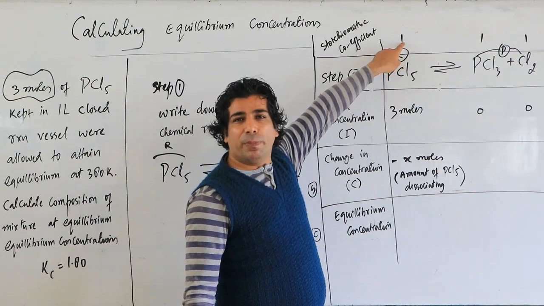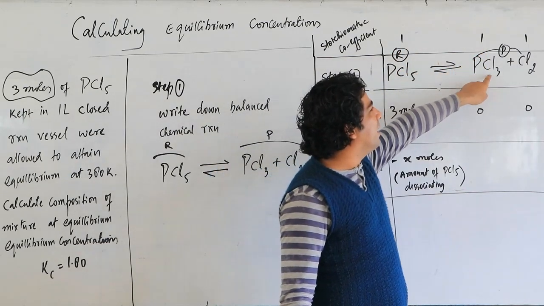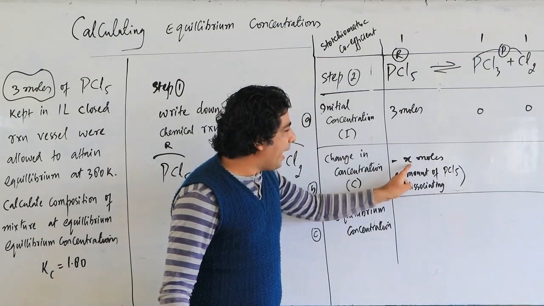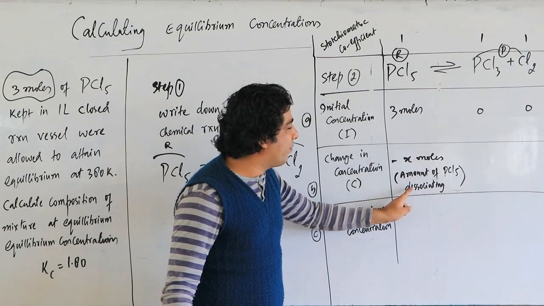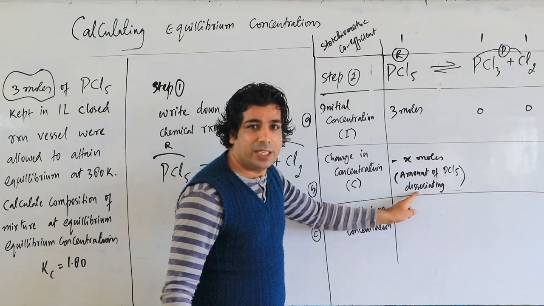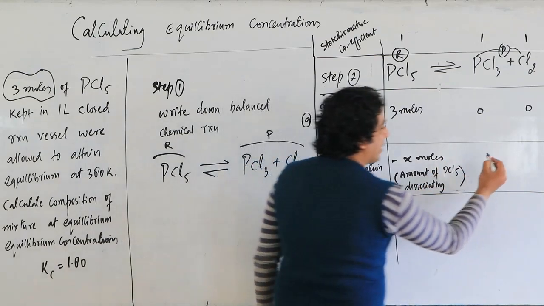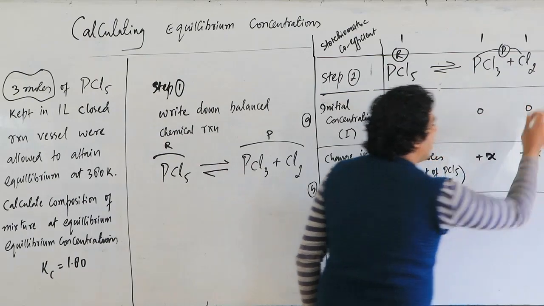If 1 mole of PCl5 will break, then you will get 1 mole of PCl3 and 1 mole of Cl2. Now look here. If X moles of PCl5 are dissociating, then how many moles of products you will get? You will get X moles of PCl3 and X moles of Cl2.